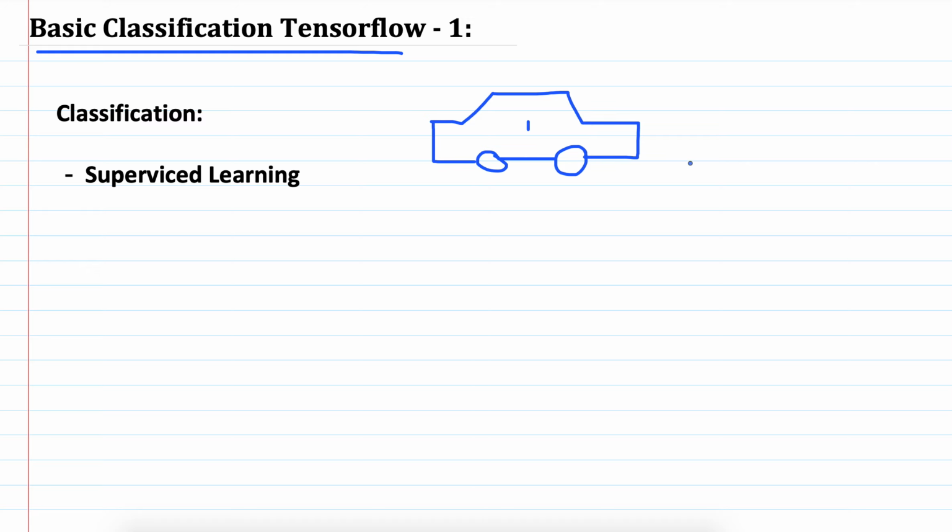So we have some examples of cars and some examples of bicycles. So we have a few of these, like multiple car images, and we have labeled these as cars and these as bicycles.